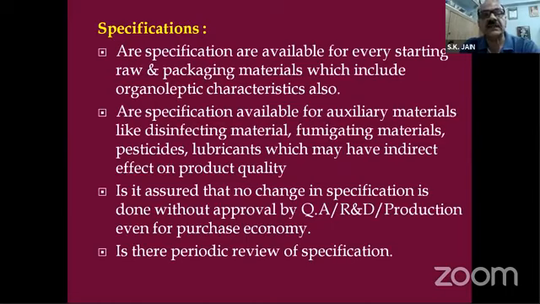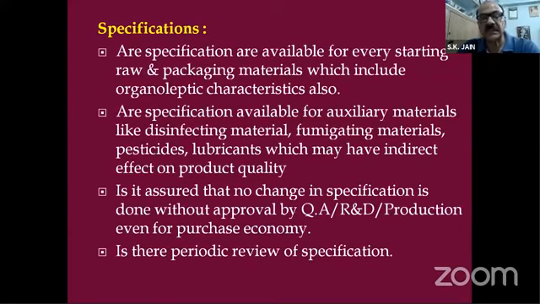If you say our specifications are available for every starting raw and packing material, which include organoleptic characteristics also, right? Are specifications available for auxiliary materials like disinfectant material, fumigation material, pesticide, lubricants, which may have indirect effect on the product quality?